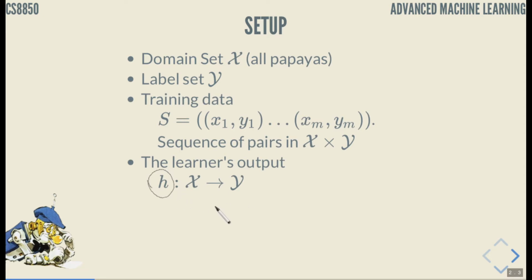And it's a function that maps from the domain set to the label set, which means that our predictor or classifier takes x sub i as an input and should return a y as an output. So our learner is a process that, as a result, returns a function. As you see, this classifier is the output of our learner, of our learning algorithm.